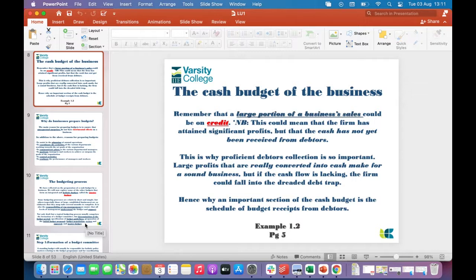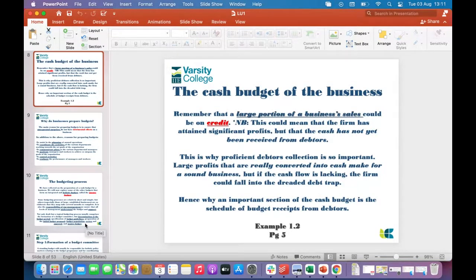To make sure that the business can take care of its day-to-day activities, okay? So if all our money is tied up in our debtors, then it becomes problematic because we can't actually run the business, okay? And that too forms part of the debt trap, just from a different perspective now.